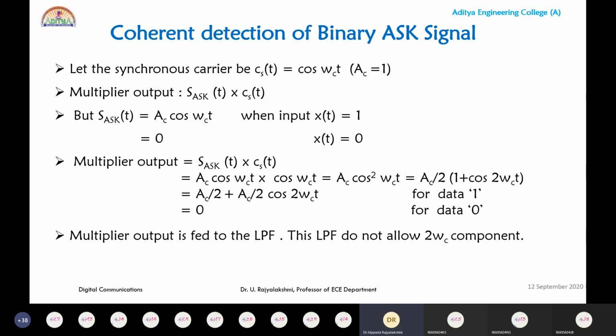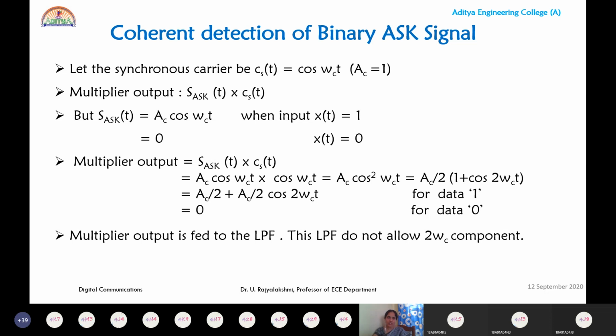Now, what is the other input to the multiplier? The multiplier has two inputs. One is the synchronous carrier, and the main input is the noisy ASK signal. Let us first consider the evaluation using the ASK signal. What is the general form of the ASK signal, or when will the ASK signal exist?